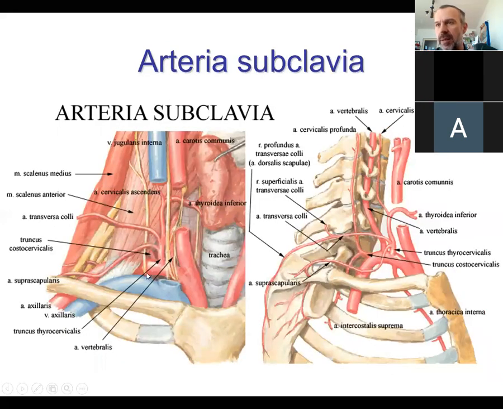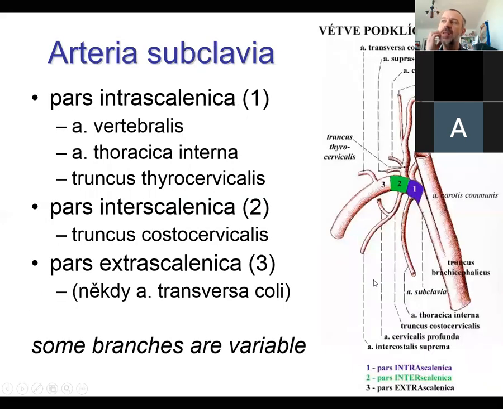And now we can see here the artery behind the vein, then running inside the scalenic fissure, so behind the anterior scalene and in front of the middle scalene, and giving the branches. You can see the vertebral artery here, but we have some more branches. So based on the relationship between the artery and scalene muscles, we can distinguish three parts.